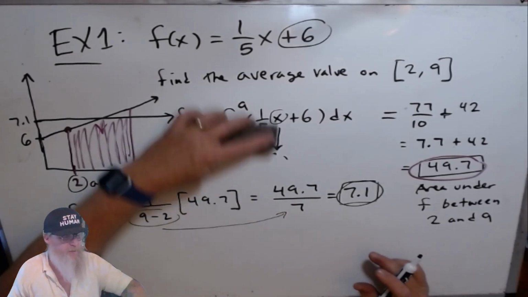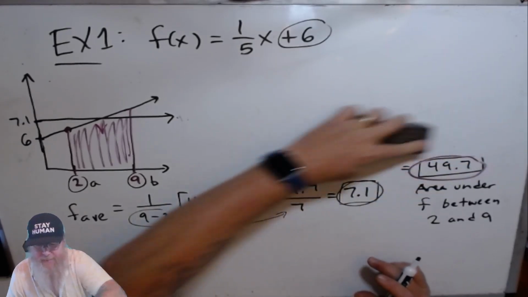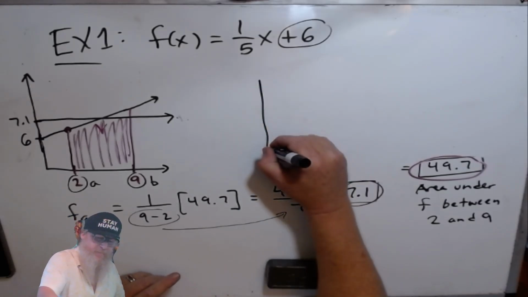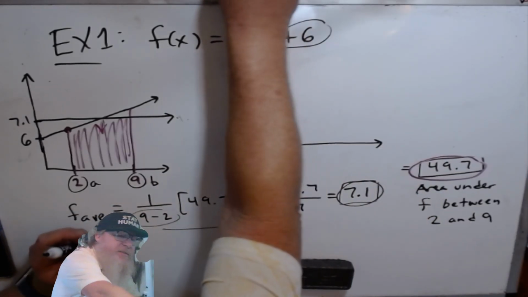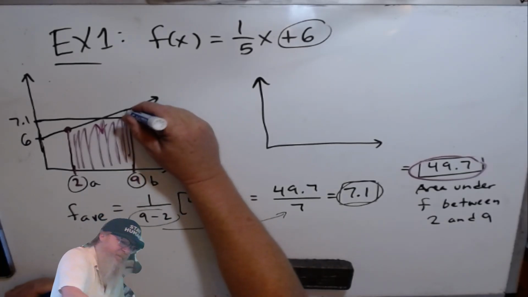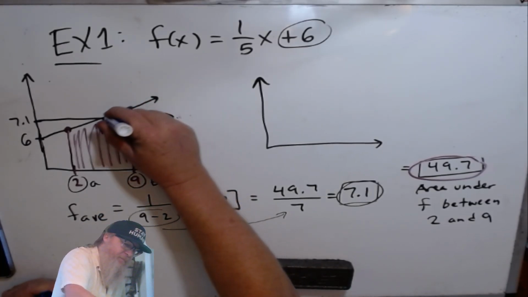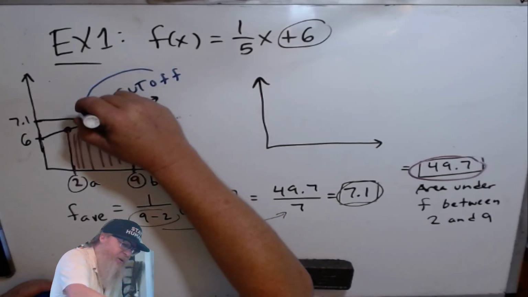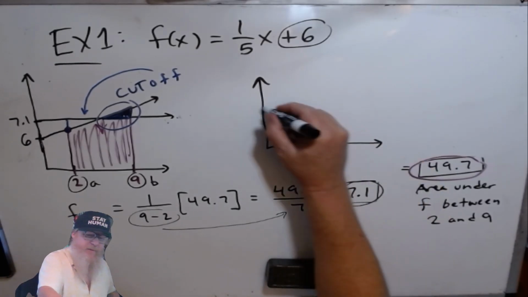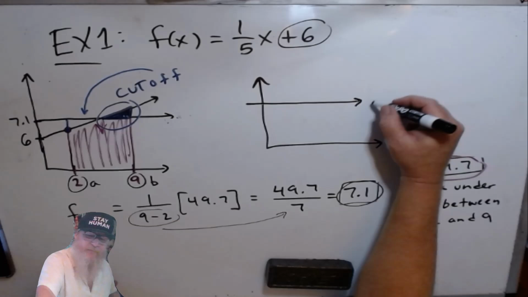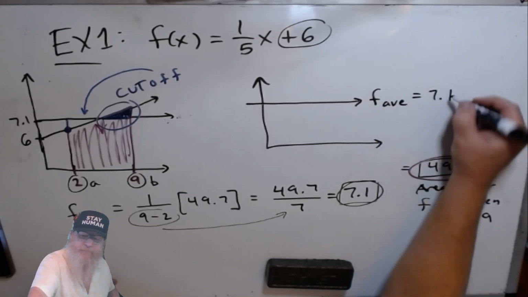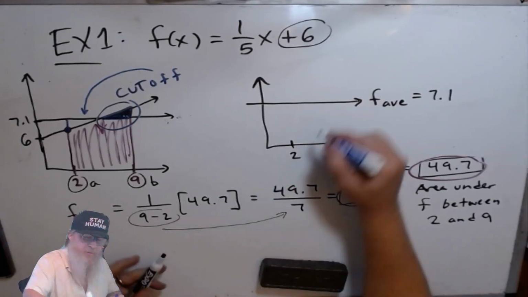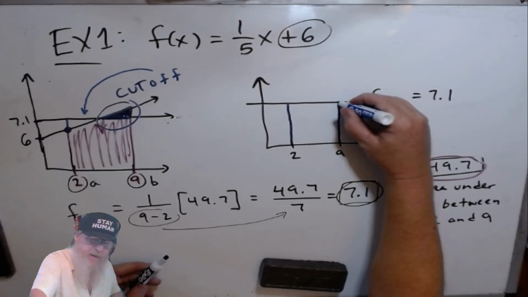What's even more interesting, and I'm going to do this in example 1 because this is probably the only example in which the picture is so nice that I can't resist: if you took this little area here, and you cut it off and put it right here, you would get a rectangle in which it goes from 2 to 9.